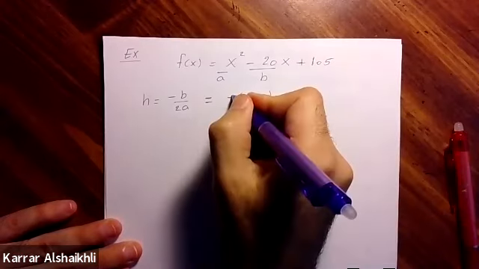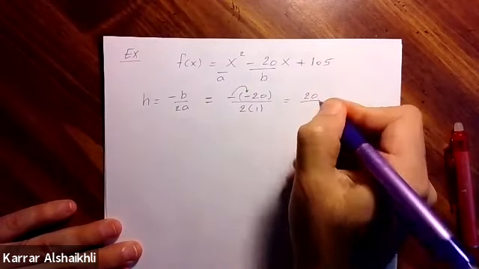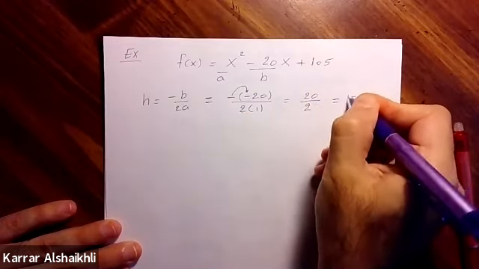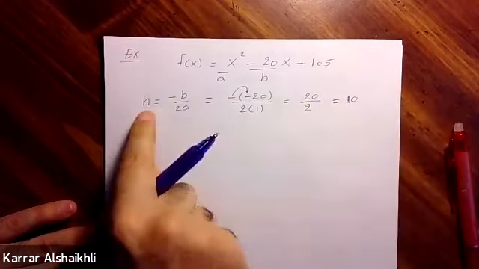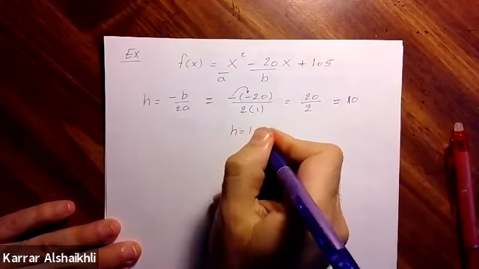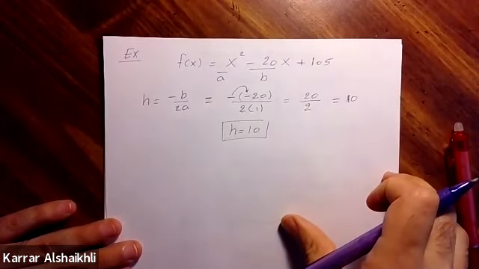Negative times negative is positive, so it's 20 over 2 times 1, which is 2. Then it's going to be 10. That means h equals 10. This is the first thing I found, h equals 10.